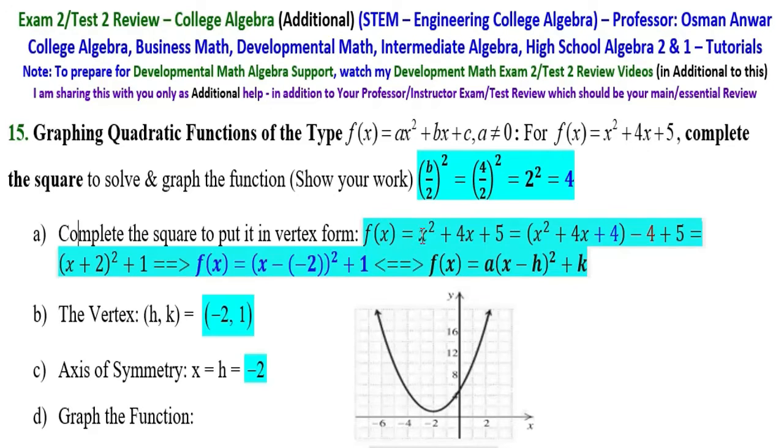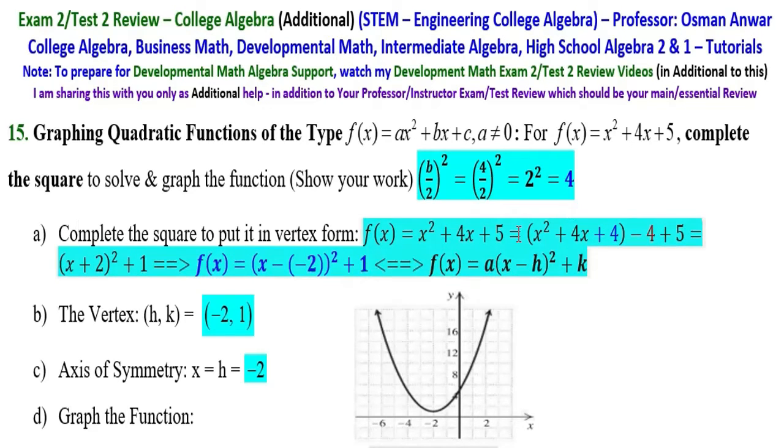f of x equals x squared plus 4x plus 5, which is equal to x squared plus 4x, and add 4 and subtract 4. So that is plus 4 minus 4 plus 5.